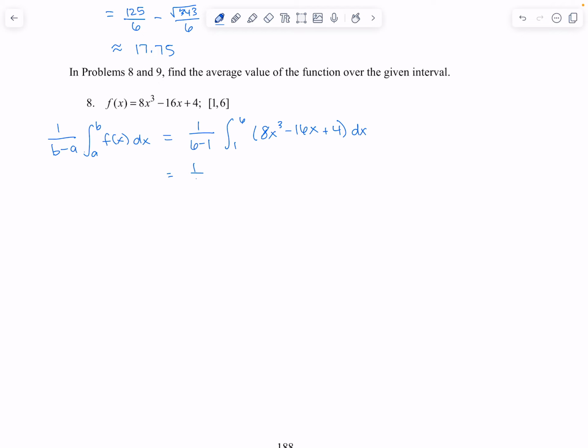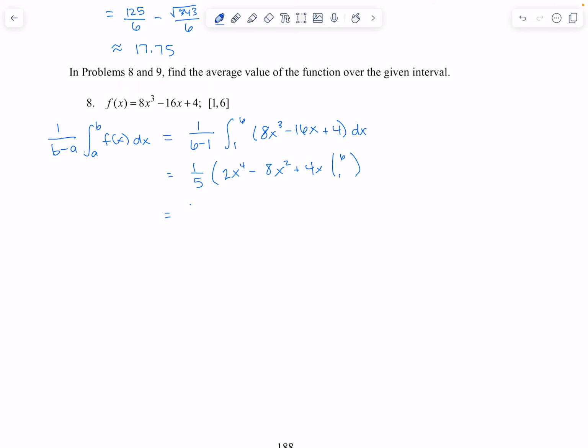This will give us 1/5 times 2x to the 4th minus 8x squared plus 4x evaluated from 1 to 6.